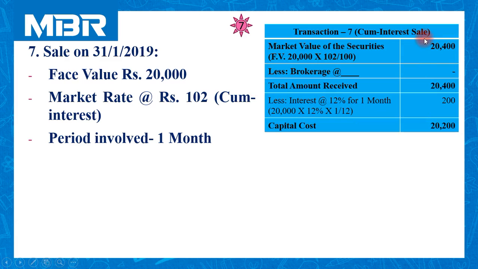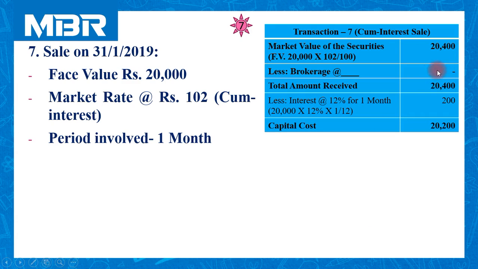Calculate the cum-interest sell. As you all know how to calculate the transaction related to cum-interest sell. Market value of the securities at the rate of 102 per 100 rupees is 20,400. Information related to brokerage is not given, so we are not supposed to calculate brokerage.